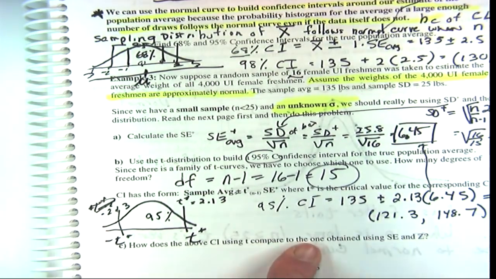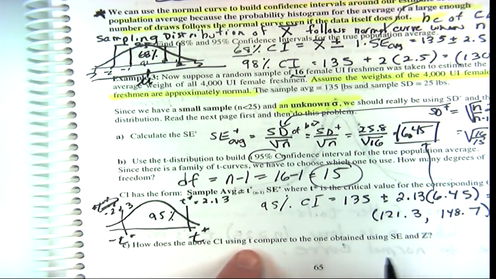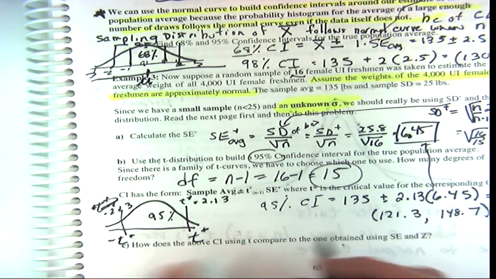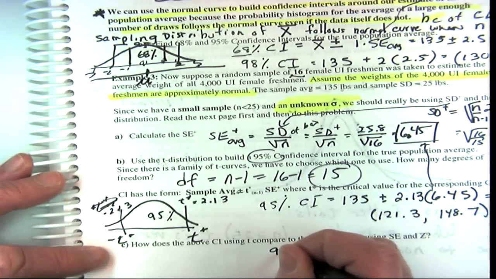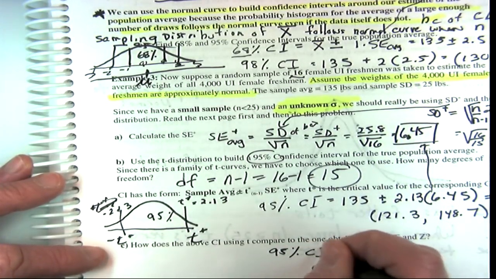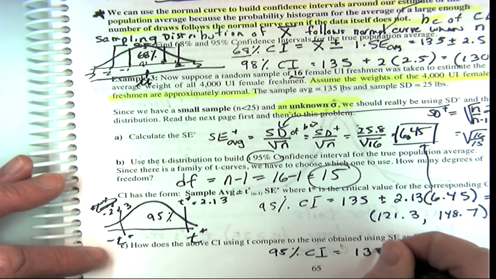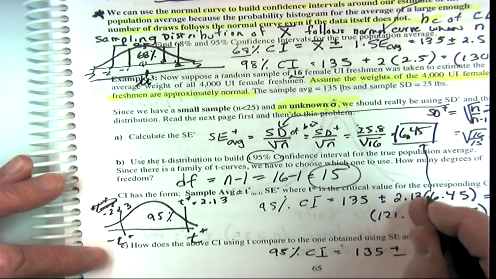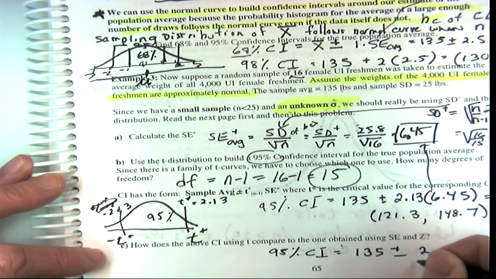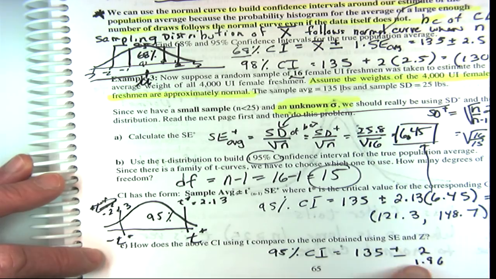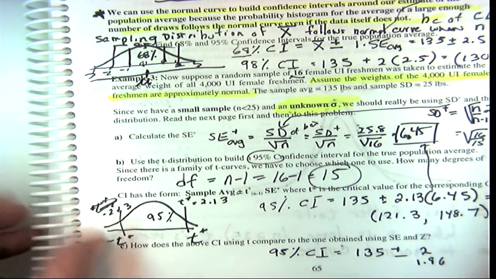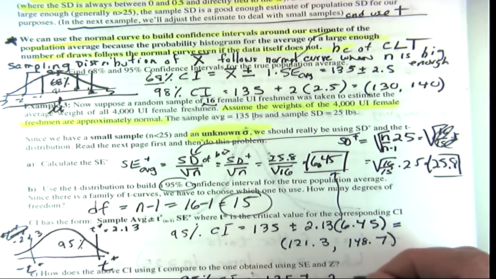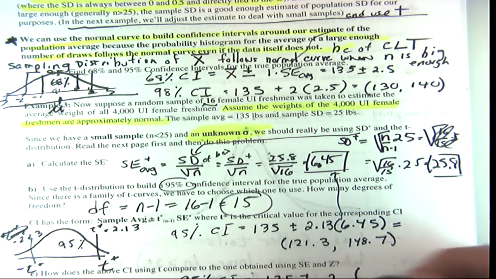Now, how would it compare to the 95% confidence interval using Z? This would be the same, but instead of 2.13, we'd have 2 or 1.96 even, if you want to be more accurate. And then instead of 6.45, what are you going to have?